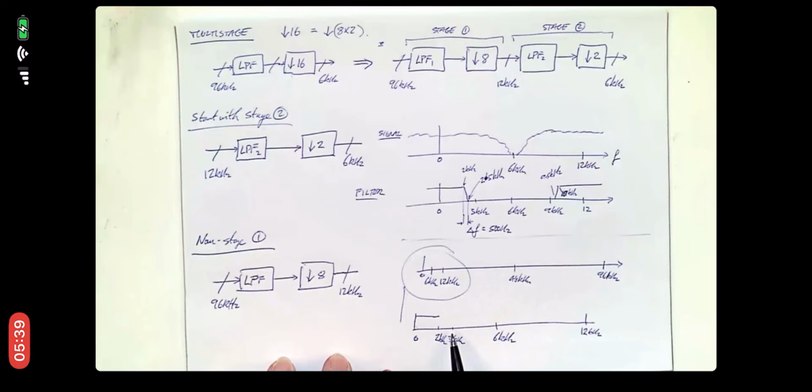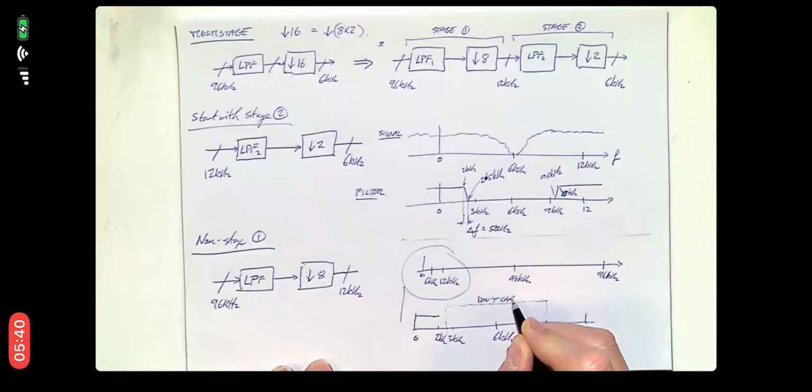So that means we don't have to have a really sharp cutoff filter here. Instead, as long as we've cut off by 9.5 kilohertz, that's the thing that we're going to keep with the next stage of the filter. So actually everything in this range from 2.5 to 9.5, this is a don't care region for this filter.